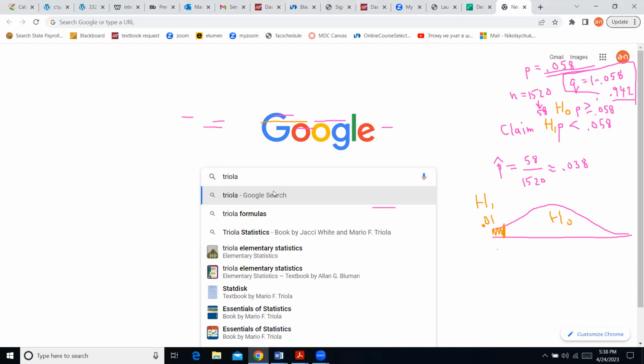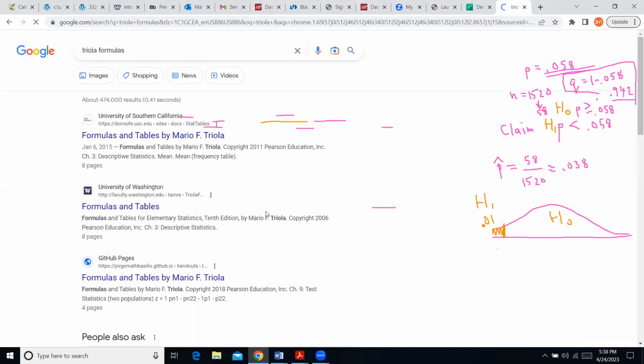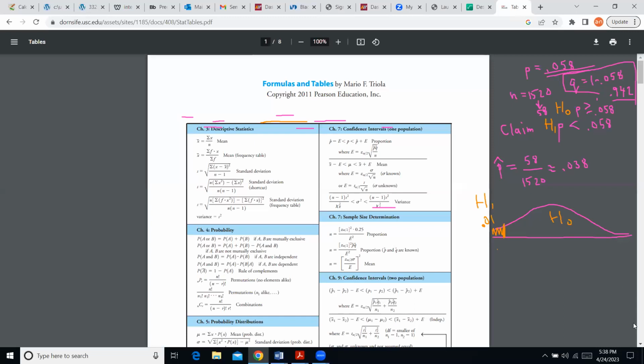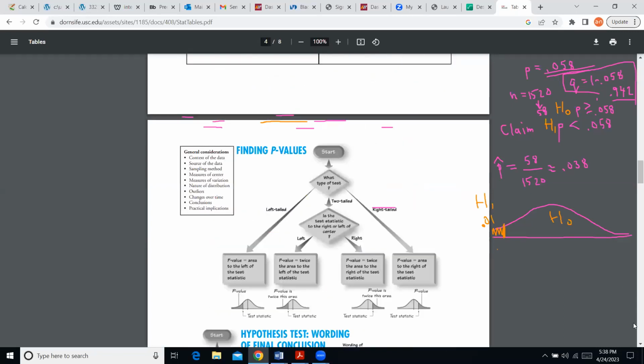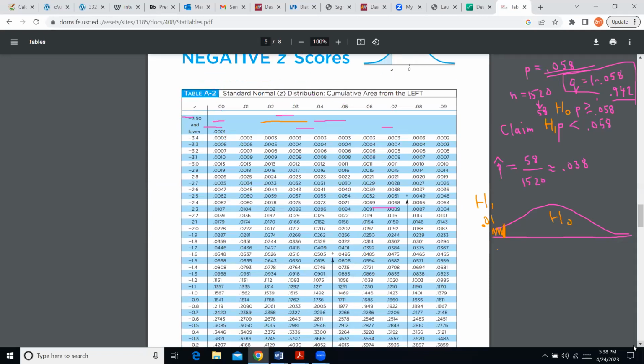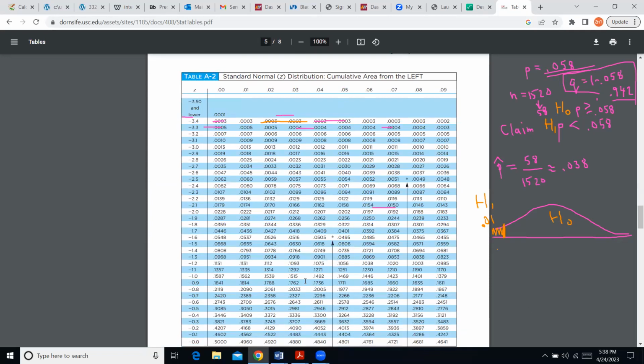So if you forget it, you can always type the name of the author and put tables or formulas and you will get there. It looks like we have to locate, among those negative z-scores, the closest number to 0.01.